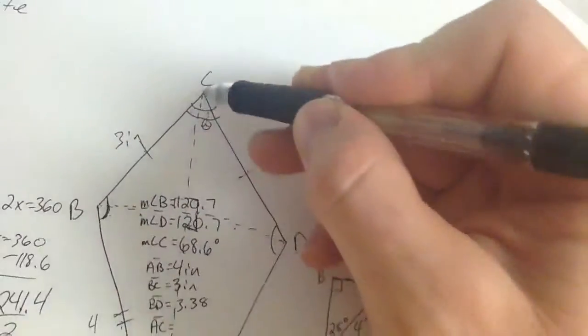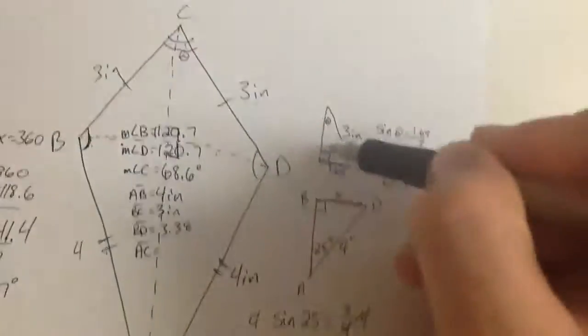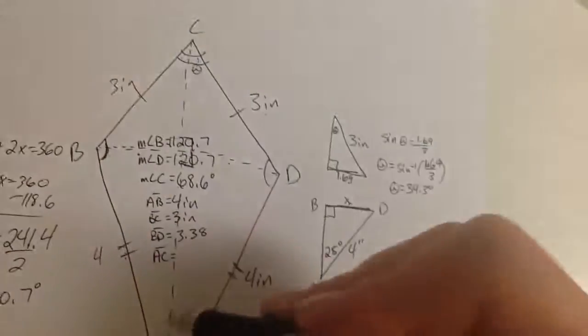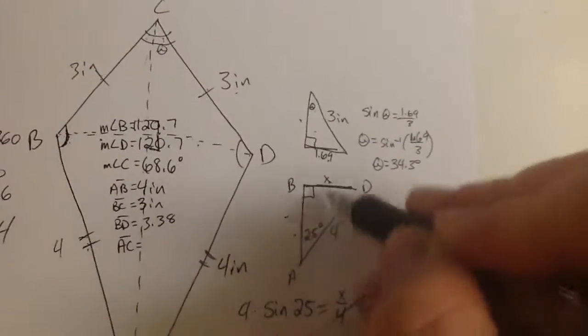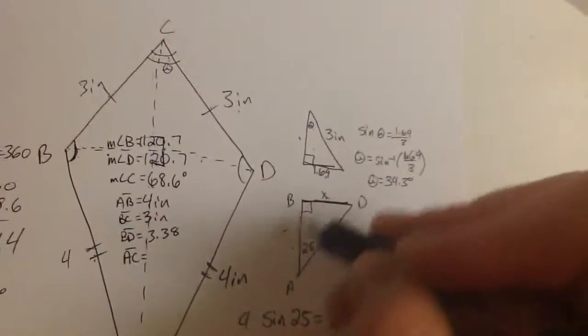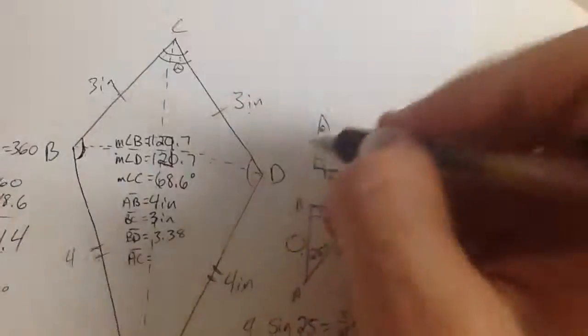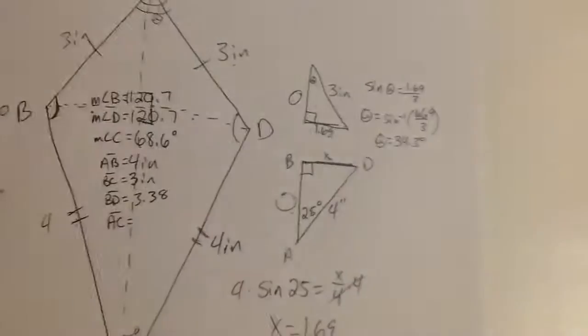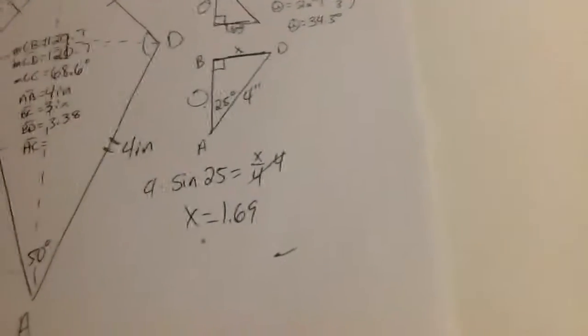But if you get this side of this triangle and this side of this bottom triangle, add them together, that'll be AC. Right? So down here you can do SOHCAHTOA or Pythagorean theorem. Get this one, add them together, get AC. So do that, and then give the other two a shot.